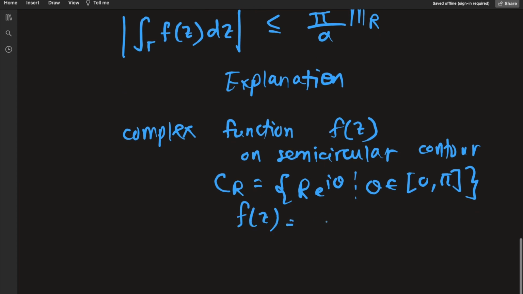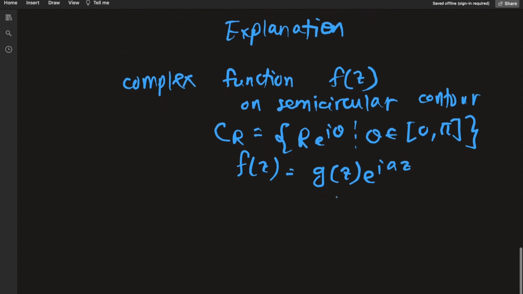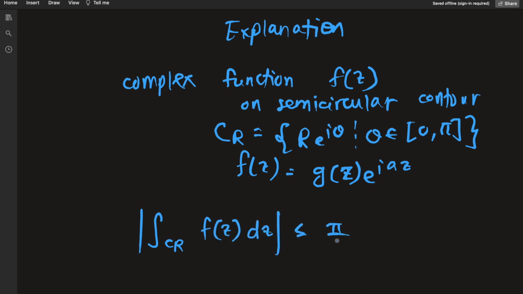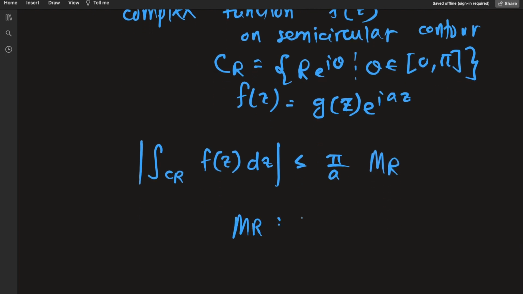and f of z can be expressed as g of z e to the i a z, with some exponential basically and a smaller function. Then Jordan's lemma guarantees that the absolute value of the integral over C_R of f of z dz is less than or equal to pi over a times m sub r, where m sub r is the maximum of the absolute value of g of r e to the i theta.